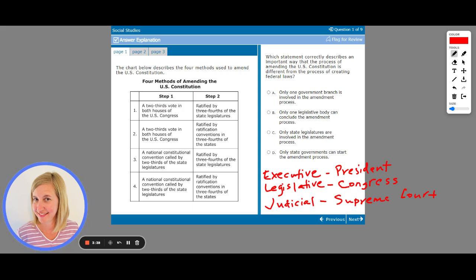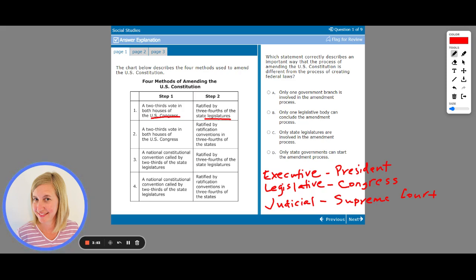Looking at this chart, I'm going to go through and see what I see. U.S. Congress, that's the legislative body. State legislatures, that's the legislative body at the state level.